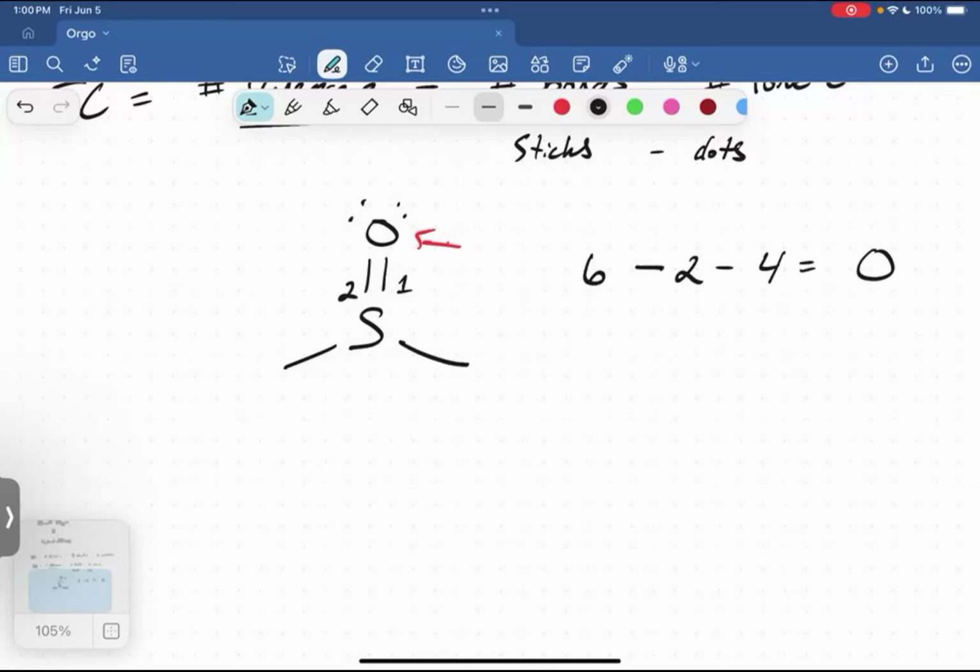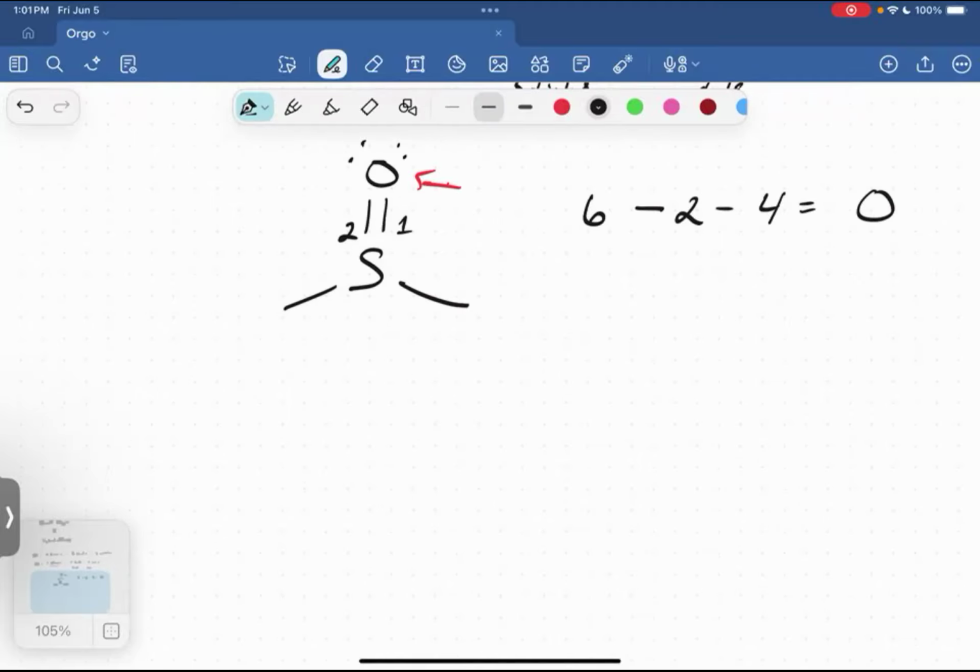Something, a pattern that I would like to share, is how many bonds an atom would typically make in order to be neutral. We know oxygen, when it makes 2 bonds, is neutral. How about fluorine? In order for fluorine to be neutral, it needs to be making 1 bond. Nitrogen is pretty common.